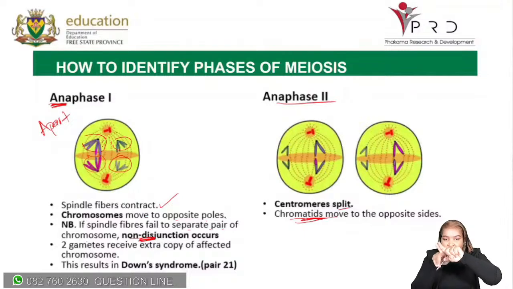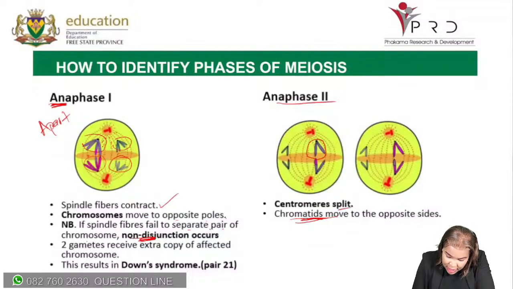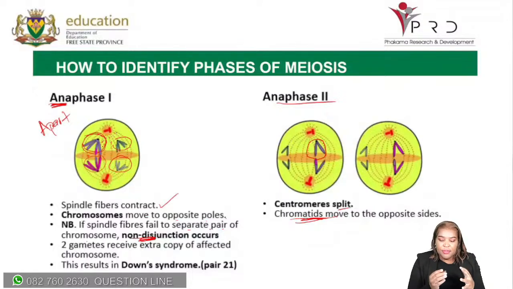So it means it was one chromosome still splitting further or moving apart. So if you take a look at this one, this is just one single chromatid. But here, it was a full chromosome. So I hope you are noticing the differences between the two.